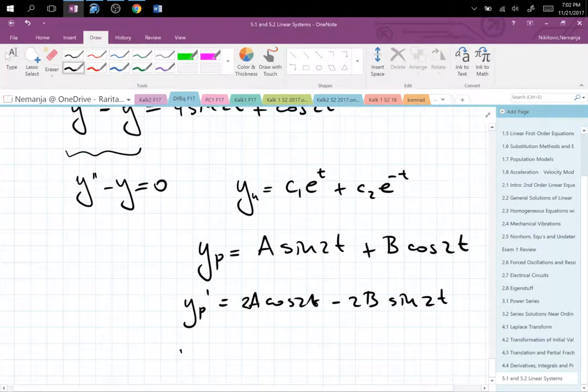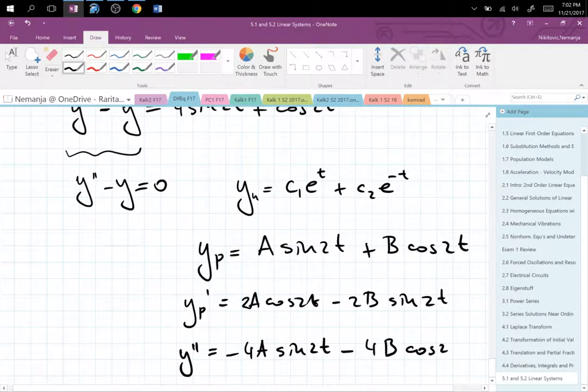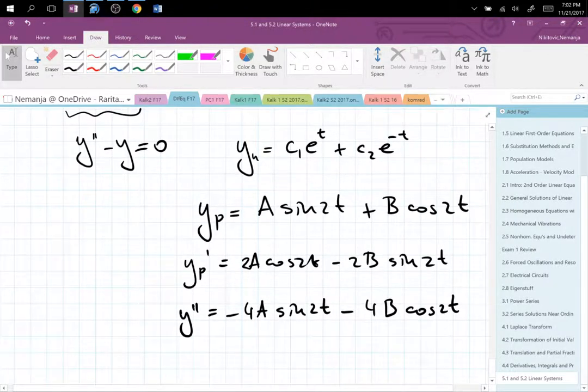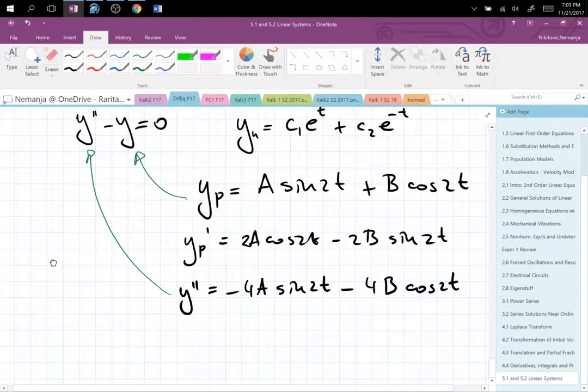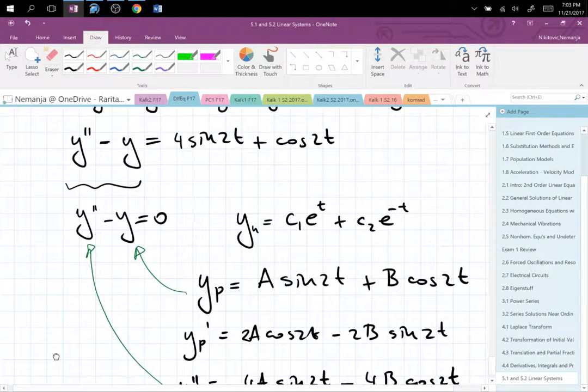And then we take the second derivative so we can plug into our equation: -4a sine 2t, and then minus 4b cosine 2t. Now we plug this one over here, and this one over there, and then work it out, and set it equal to whatever we have.